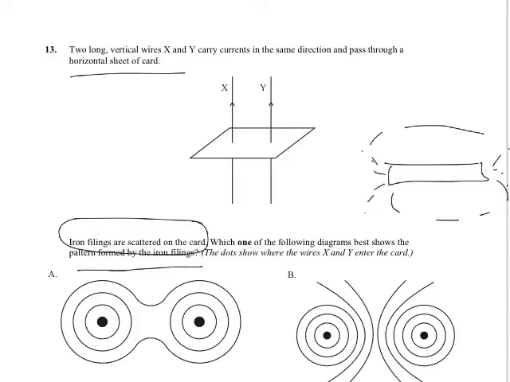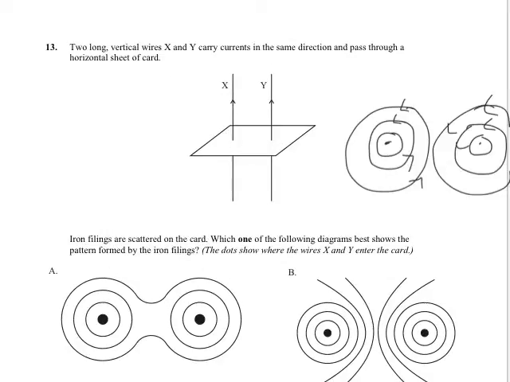So which picture will show you the field line pattern around these two wires? Now we know that the field line patterns around a wire are concentric circles. These are two parallel wires, so they're either going to attract or repel. So we'll just do a quick test to see which one it is.